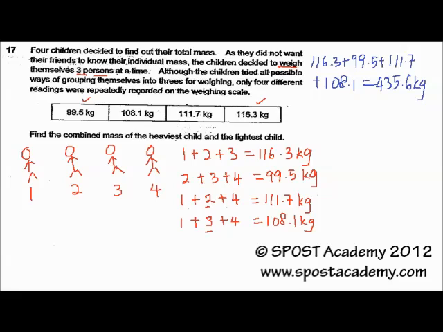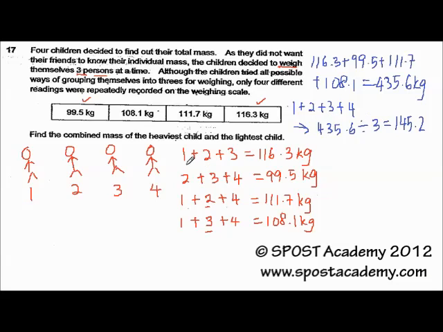So I need to find one set of 1 plus 2 plus 3 plus 4, which is the total mass of the 4 children. It will just be 435.6 divided by 3 sets, which gives us 145.2. Now this is the total for 1 plus 2 plus 3 plus 4.